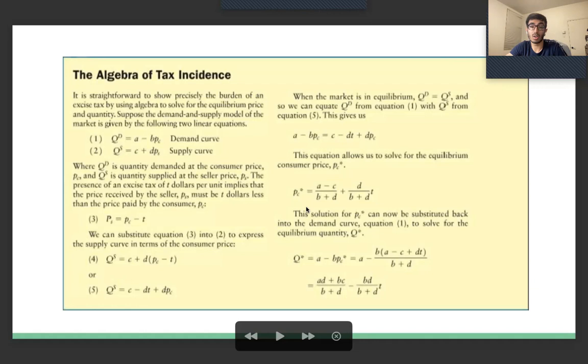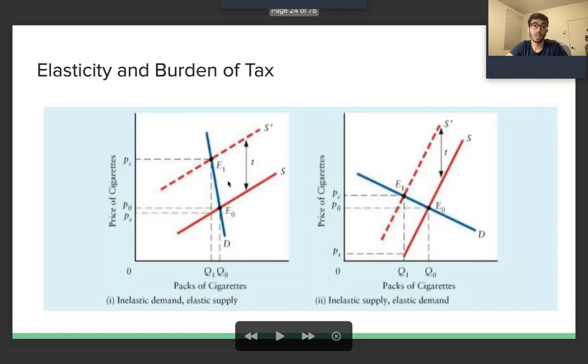So now, in order to calculate the burden for the consumer, it is PC minus P0. This is the difference between the top two horizontal dotted lines in gray.